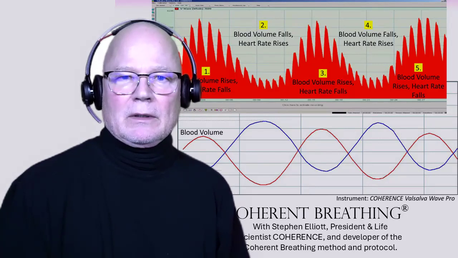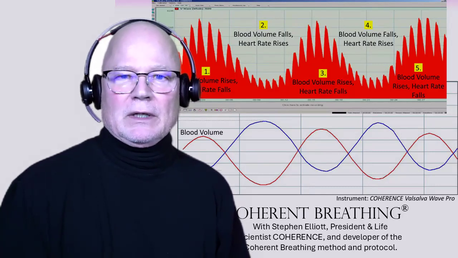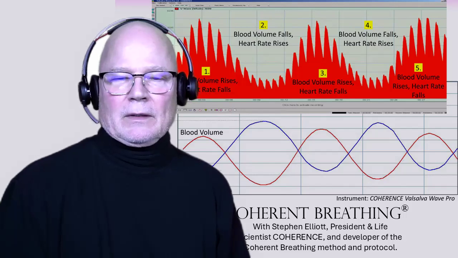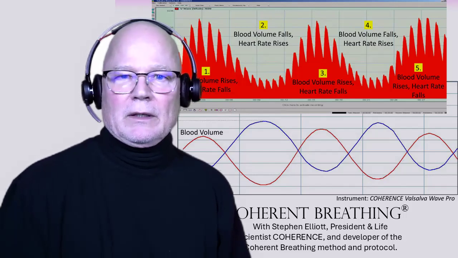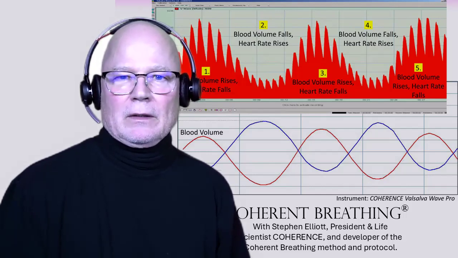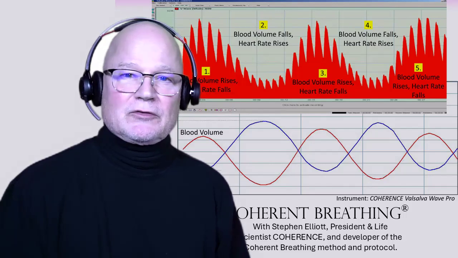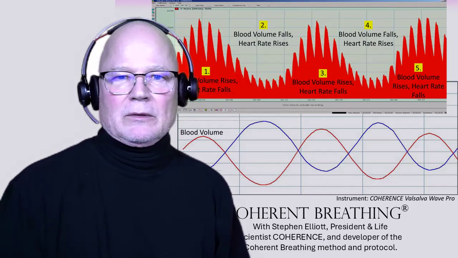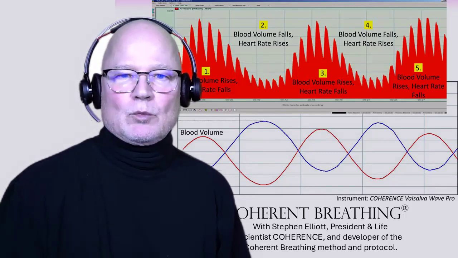And the second primary feature is what is going on as a consequence of diaphragm movement or breathing. The red and blue graphs in the lower panel of the graphic pick the wave apart such that we can see the heart rate independently, that being the blue graph, and the blood volume wave, that being the Valsalva wave, the red wave.